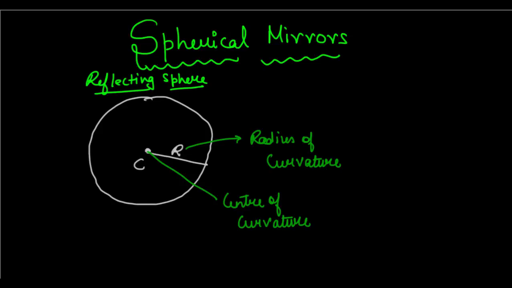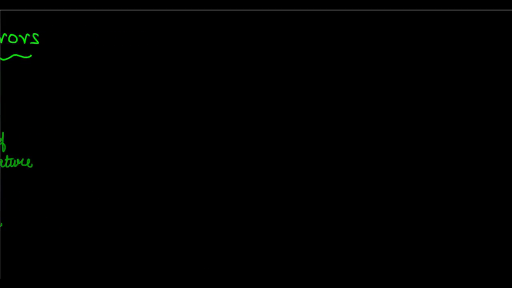So this is the basic thing you need to understand: the radius of curvature and the center of curvature. Now, depending on the kind of reflecting surface, there are two kinds of spherical mirrors. There can be an outer reflecting surface, or an inner reflecting surface, where the outer surface is non-reflecting.